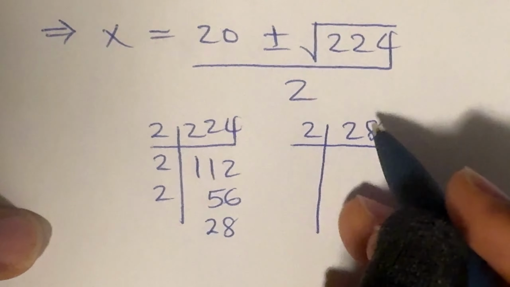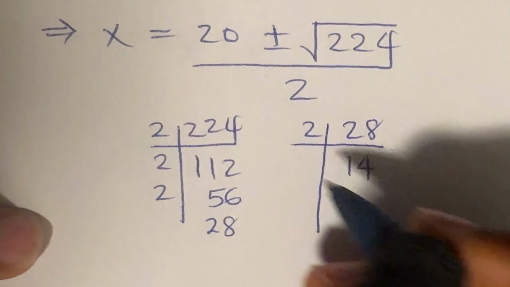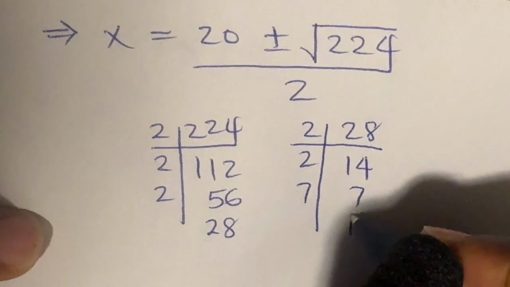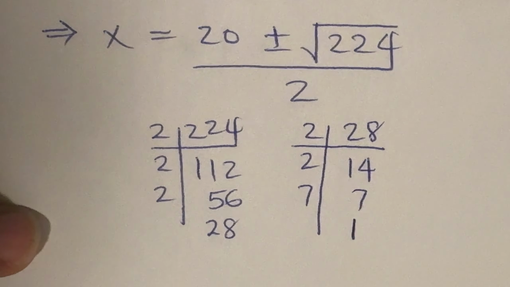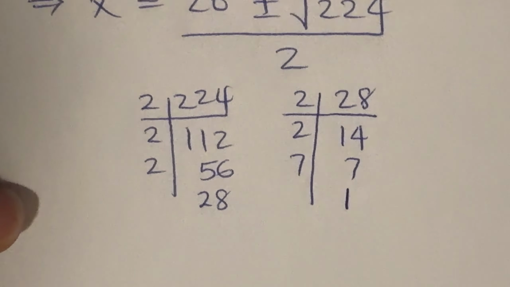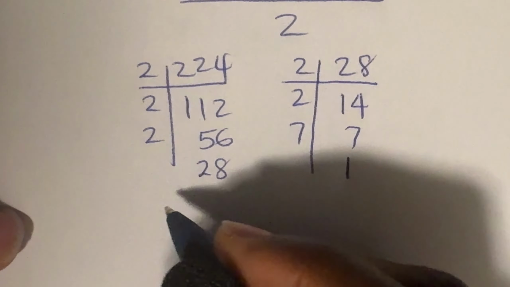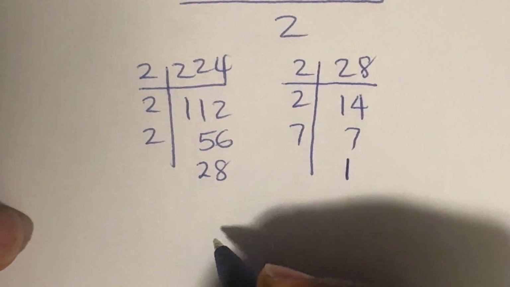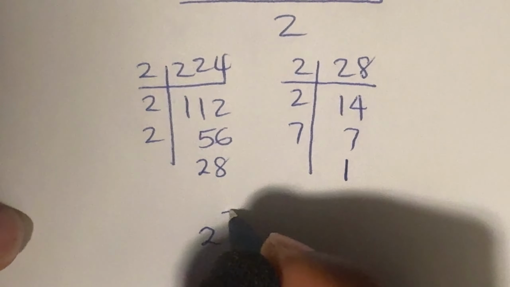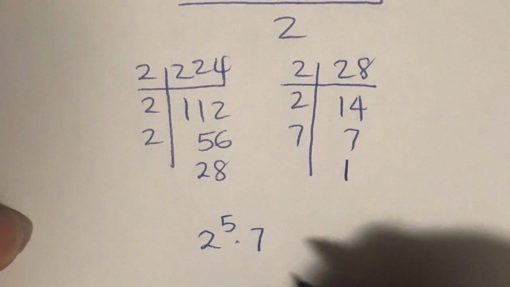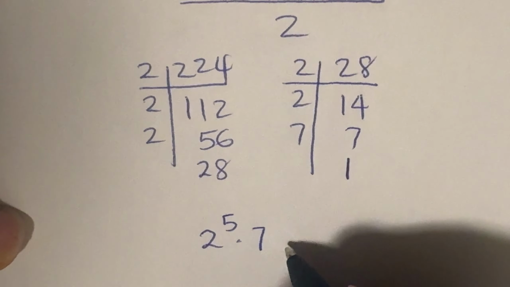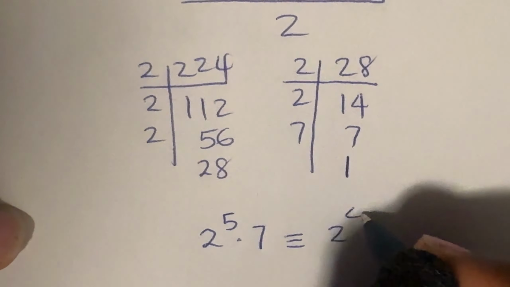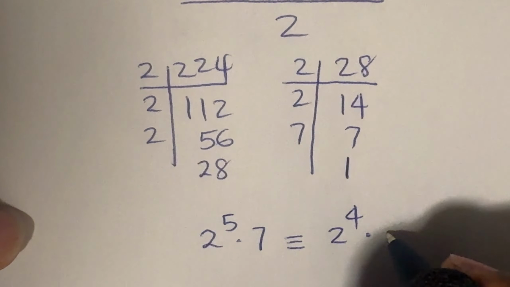Divide by 2, this is 14. Divide by 2, this is 7, and then 7, this is 1. So the square root of 224 will be the square root of 2 raised to power 5 times 7, which we can also express as 2 raised to power 4 times 14.